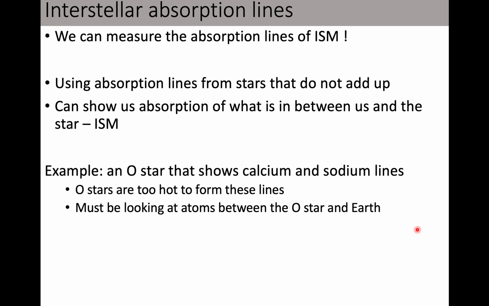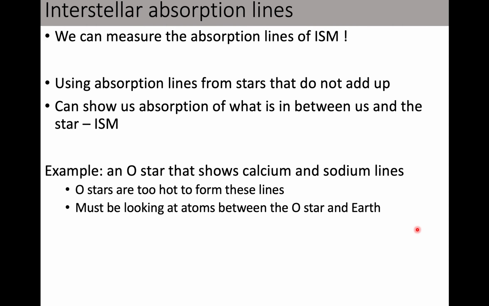So the ISM also can produce absorption lines. And how we know this is we can look at absorption lines from stars that aren't quite right, absorption lines from stars that don't make sense or don't add up with what we know about that star. It can actually tell us what is in between us and that star, which would be the ISM.